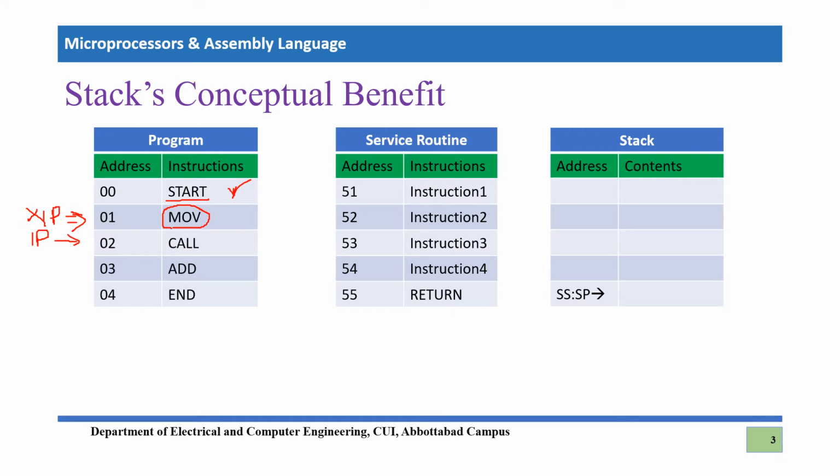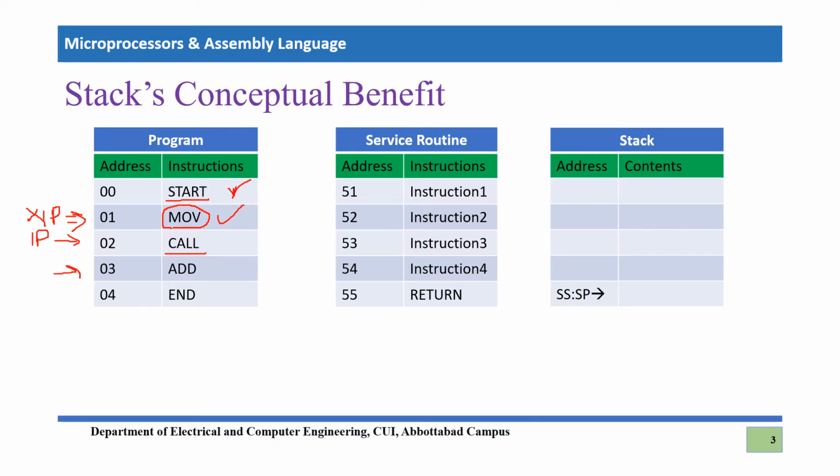Okay, now let's come to this call instruction. Since it is a call instruction, it will call for some service routine which is required for a certain purpose by the microprocessor. So what will happen when this call instruction is going to execute? Let's suppose this move instruction is executed, and now we are working on this call instruction. Where will IP point?